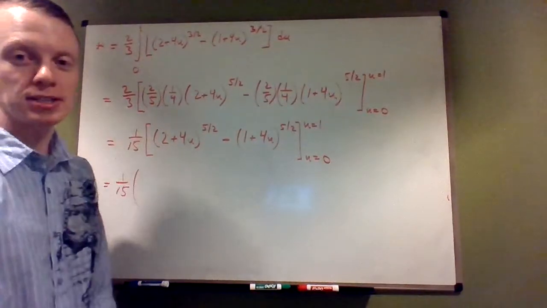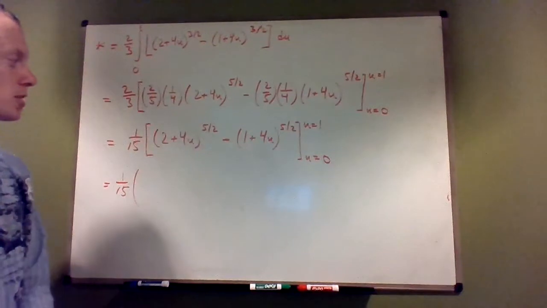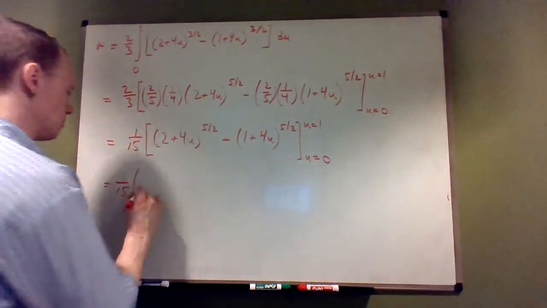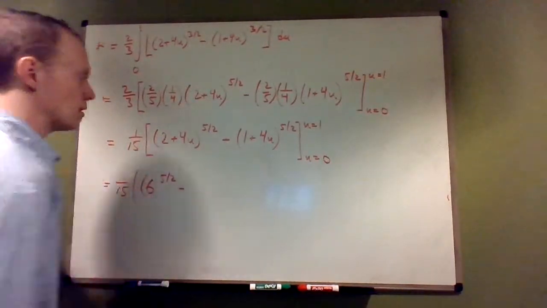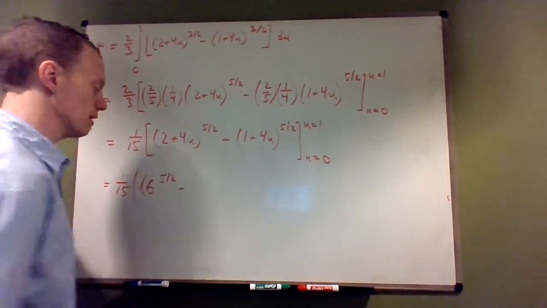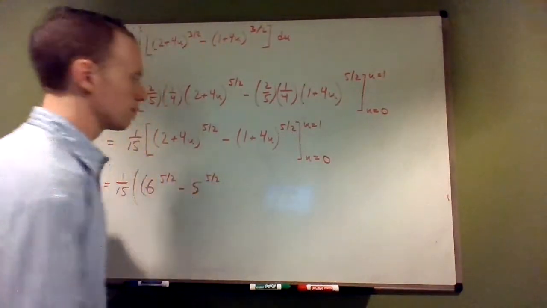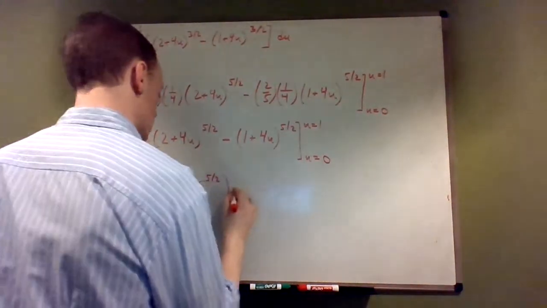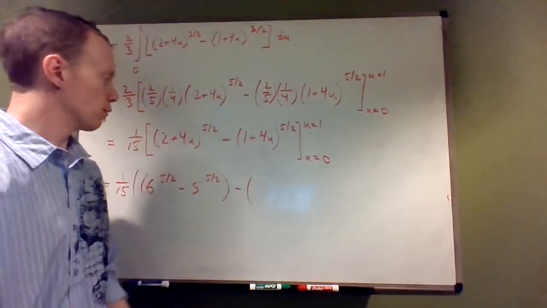So if I plug in my top bound of 1 for u in both of these two terms here, I'm going to get 6 to the 5 halves minus a 5 to the 5 halves, minus, now I'm going to substitute in 0 for u.